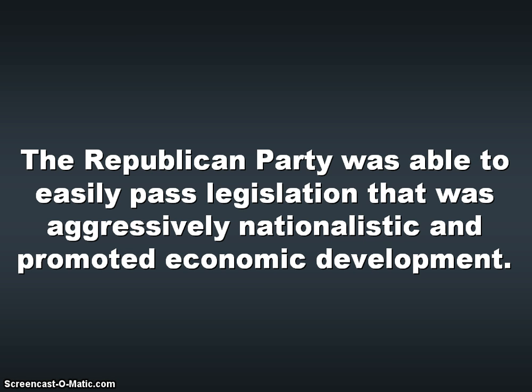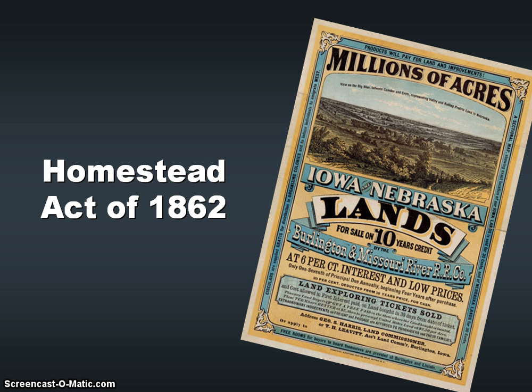So they're going to pass all these programs that are going to boost the United States, and it's going to promote economic development because even in war, they want to keep the cash flow constantly coming in. Now, one of the things that's going to be nationalistic is a further move west.